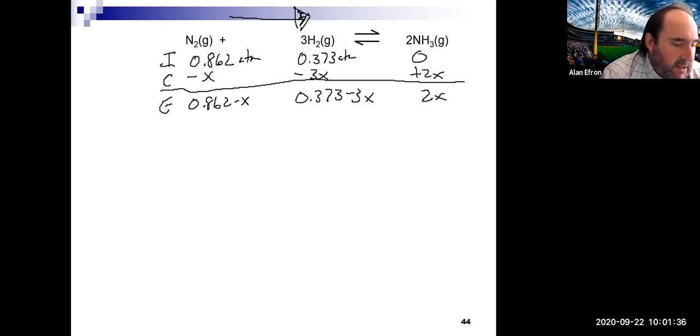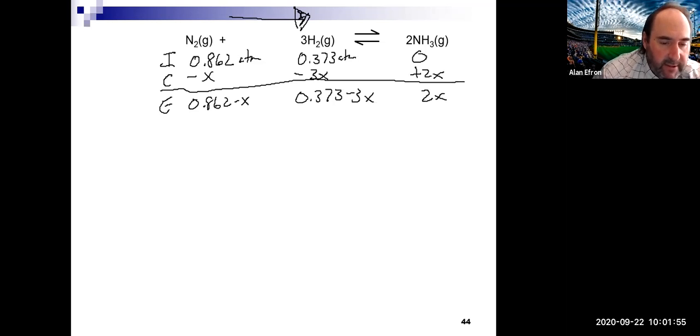Any questions on the ICE table or how it's set up? You can see it's the same deal, even with pressures instead of concentrations. Now we put those into the Kp expression we wrote on the previous slide.